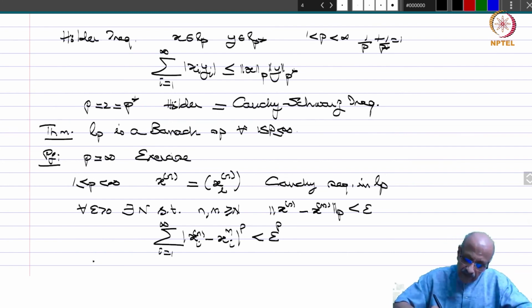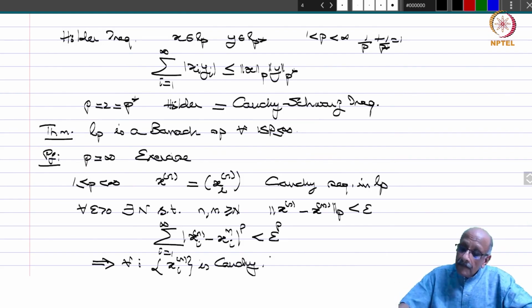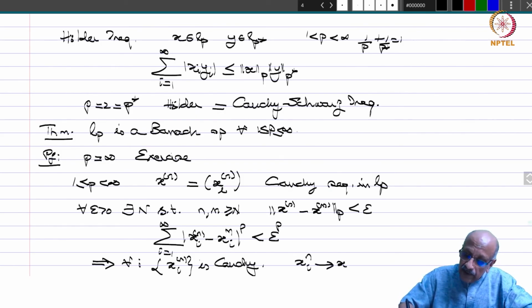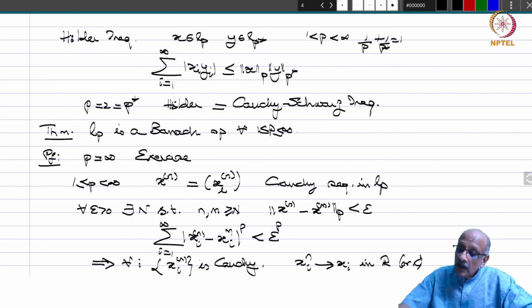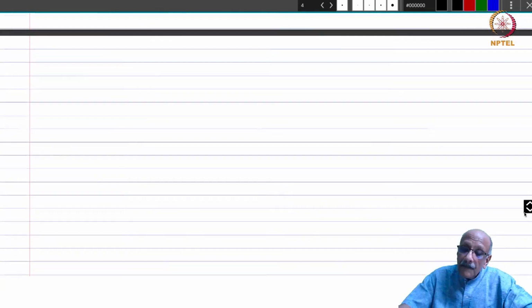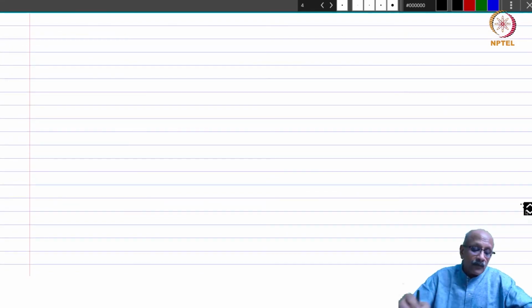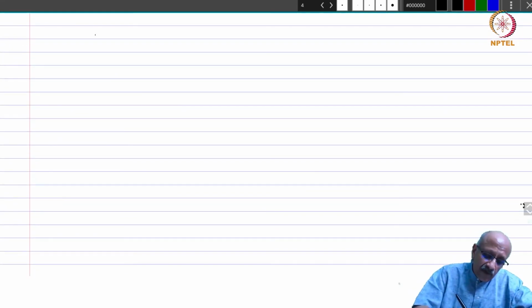So this implies that for each i we have that x_n^i is itself Cauchy, and therefore x_n^i will converge to some x^i in R or C. If you are looking at complex sequences, this will be C. So we have a candidate now for the limit x to be the sequence x^i.